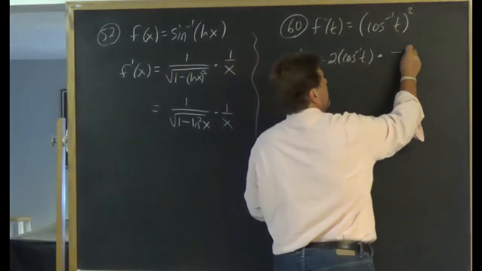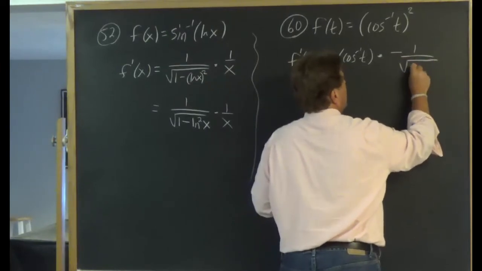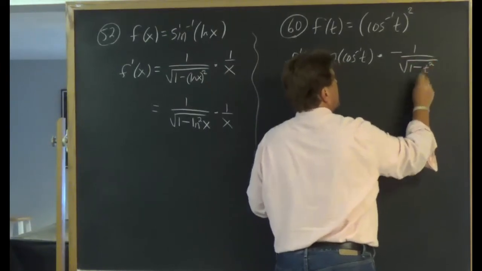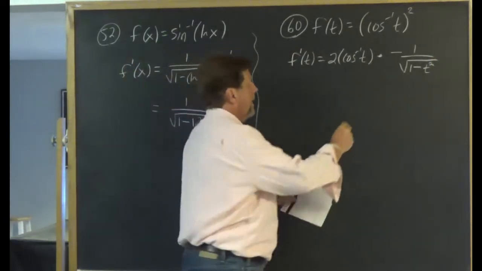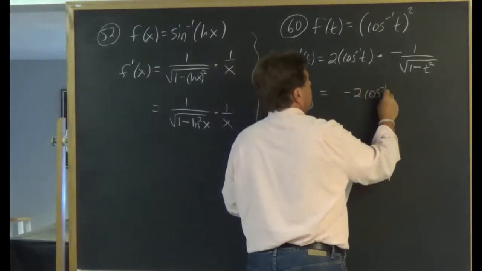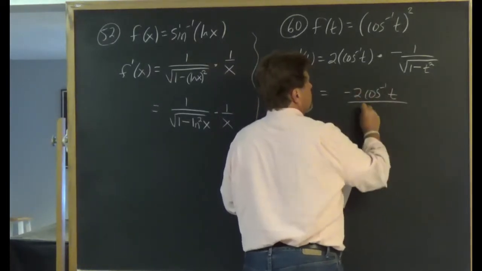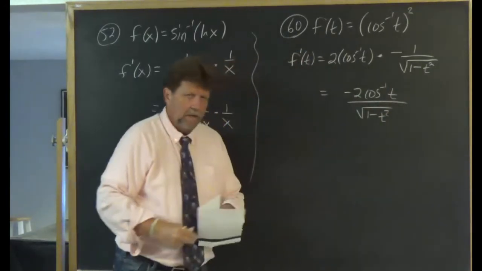Well, that's negative 1 over the square root of 1 minus t squared. And if you want, I guess you could write this as a negative 2 inverse cosine t all over the square root of 1 minus t squared.